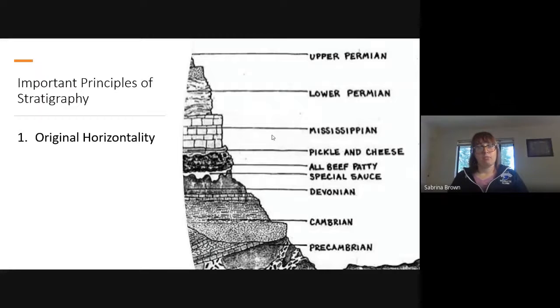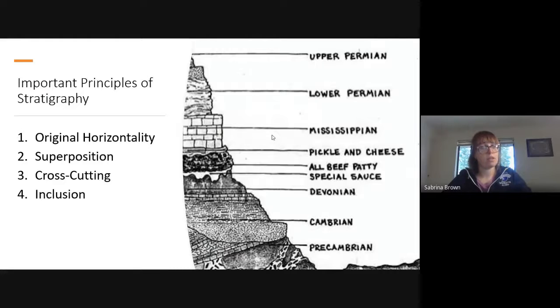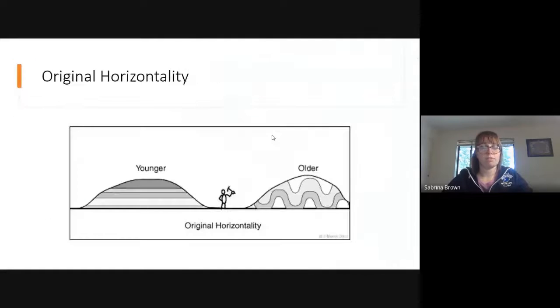And so the first one is original horizontality. The second is what we call superposition. The third is cross-cutting. The fourth is inclusion. The fifth is unconformities. So we'll talk about each one of those in turn.